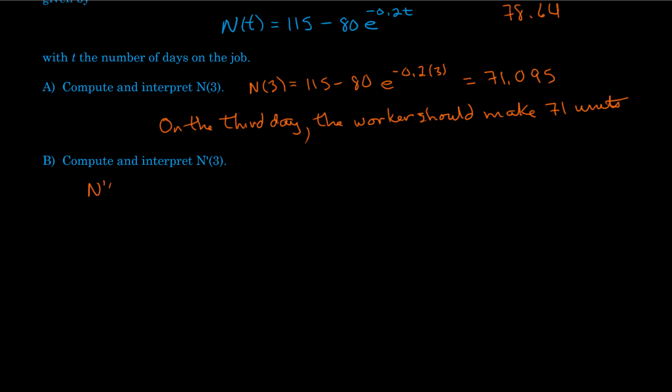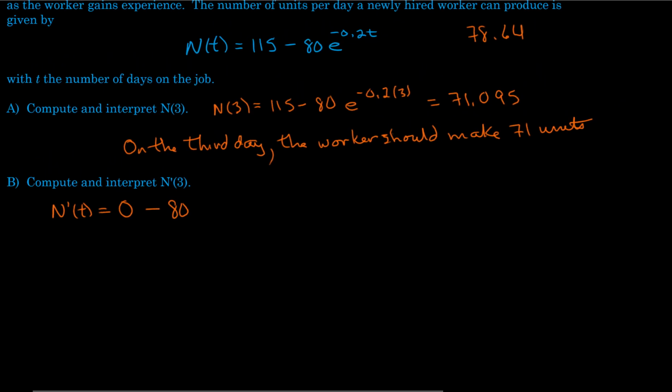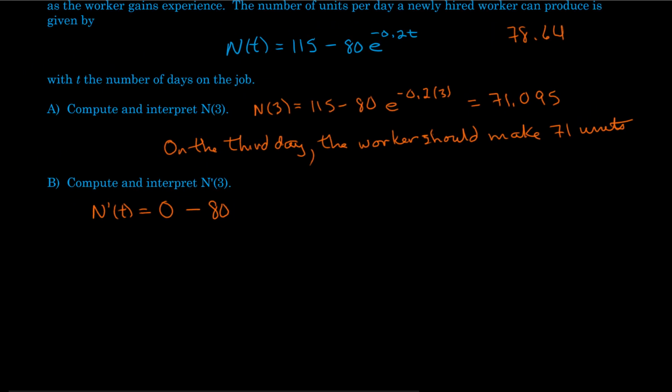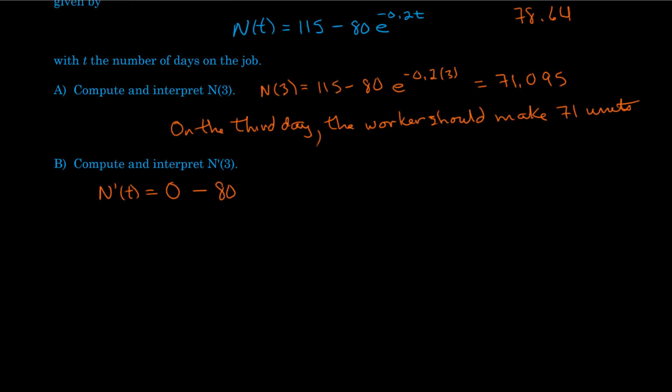Now let's take a look at this second part. We're going to compute n prime of t. Well, the derivative of 115 is 0 minus, I have this 80. Now I'm going to have the derivative of e to the negative 0.2t. But remember, this is going to be a chain rule. So we're going to take the derivative of the outside first. Well, that's the derivative of e, and whenever you take the derivative of e, you get back whatever it was you started with.